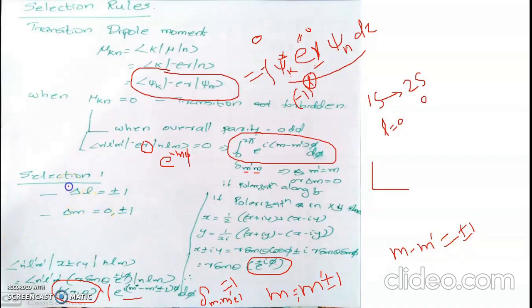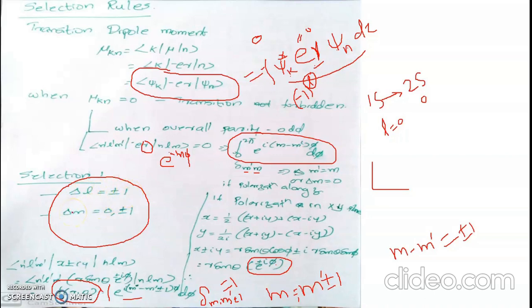So only those transitions that satisfy these conditions are permitted, and hence these are the selection rules for transition as far as the interaction of electromagnetic radiation with matter is concerned. So these transition selection rules can be stated as: only those transitions that account for a change of azimuthal quantum number by 1 unit are allowed.